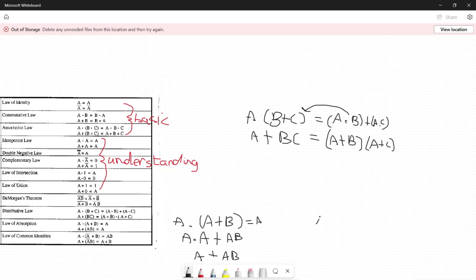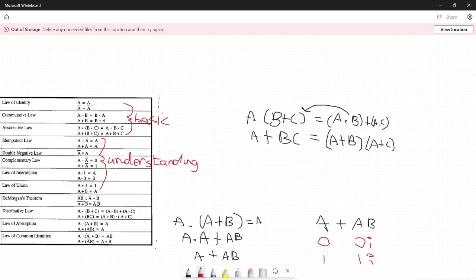So if I say A plus AB, so if A is 0, this will be 0, and then B could either be 0, 1, and if A is 1, this is 1, this is 0, 1. So, first of all, A is 0, but now this could still be 1, so we can't just say, oh yeah, it's immediately going to be 1.